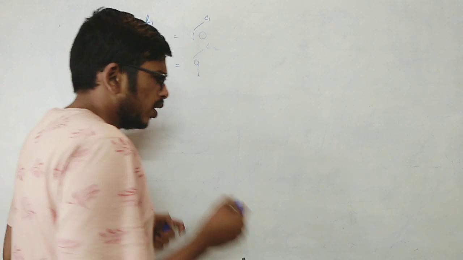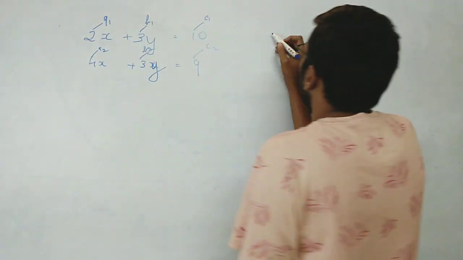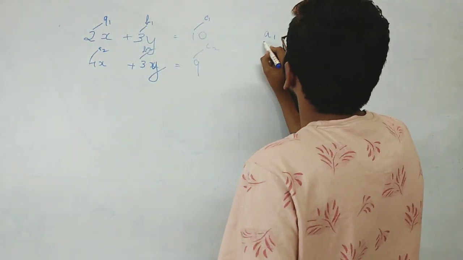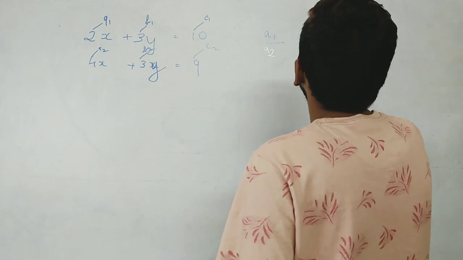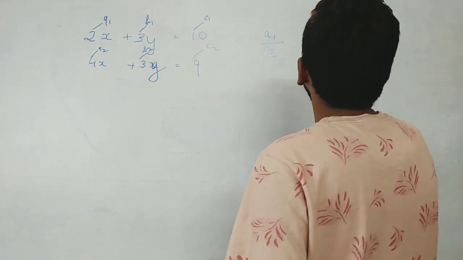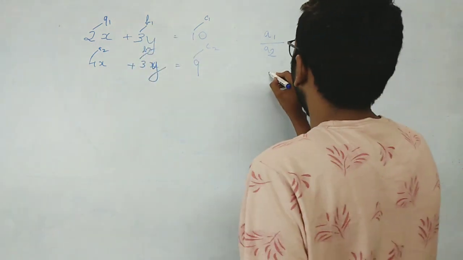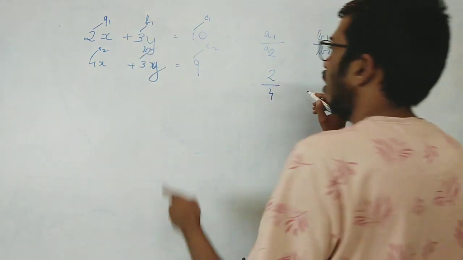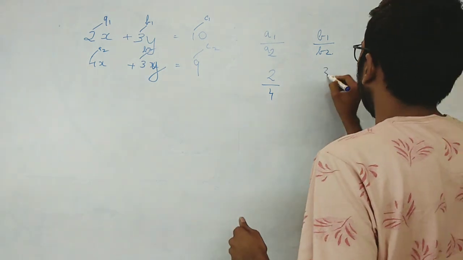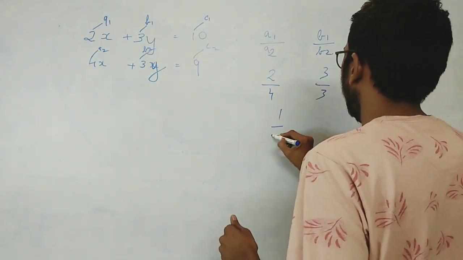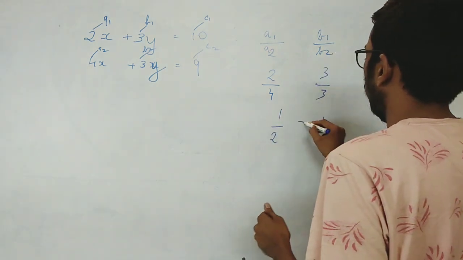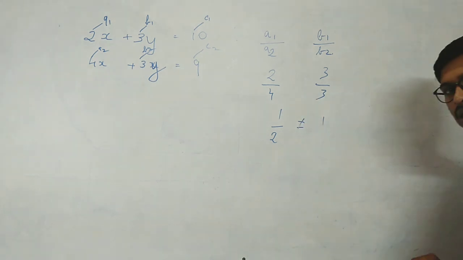Now, the first thing which we need to do is take A1 by A2 and B1 by B2. Here A1 by A2 is 2 by 4, and B1 by B2 is 3 by 3. So 1 by 2, and here we have 1. These two are not equal, right?